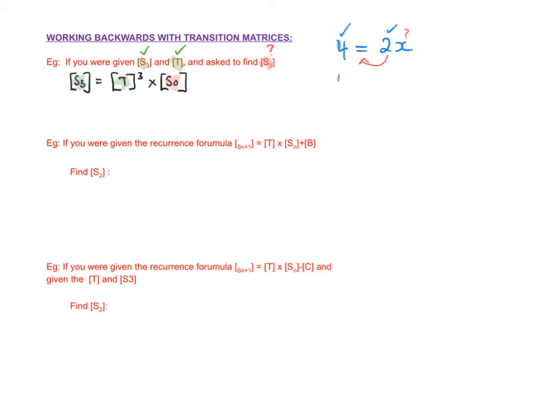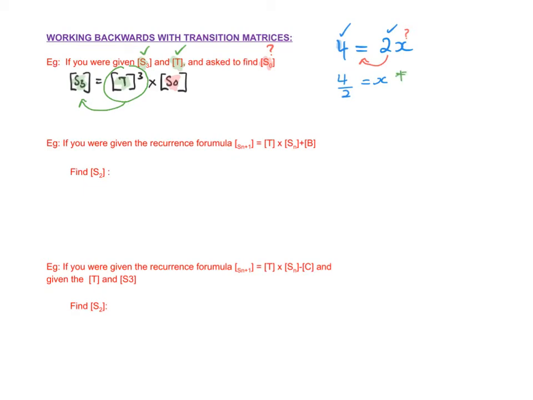It does the opposite for you to be able to solve for x. So we want to move this T to the power of 3 over the equal sign. It is actually multiplying there, but we want to divide.